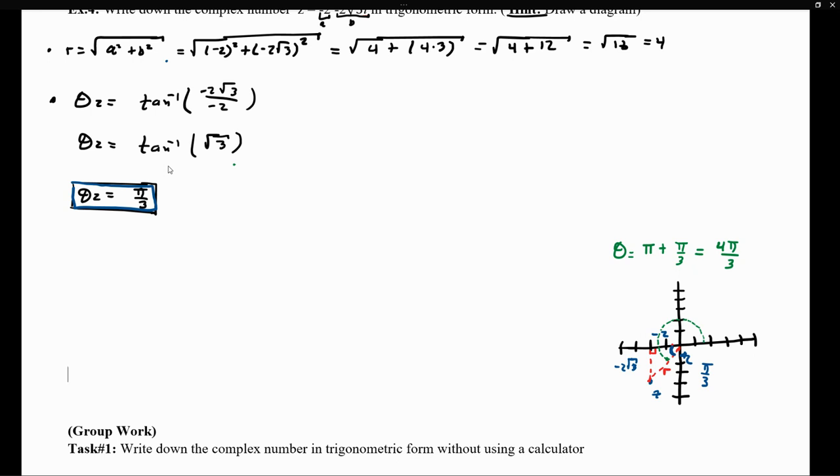But the actual argument that we're going to be using to define this complex number is the total angular distance from the initial x-axis, or the real axis, all the way down to where r is being defined. So I know that this is pi, and I know that this is pi over 3, so therefore the total distance is the addition of the two, which is equivalent to 4 pi over 3.